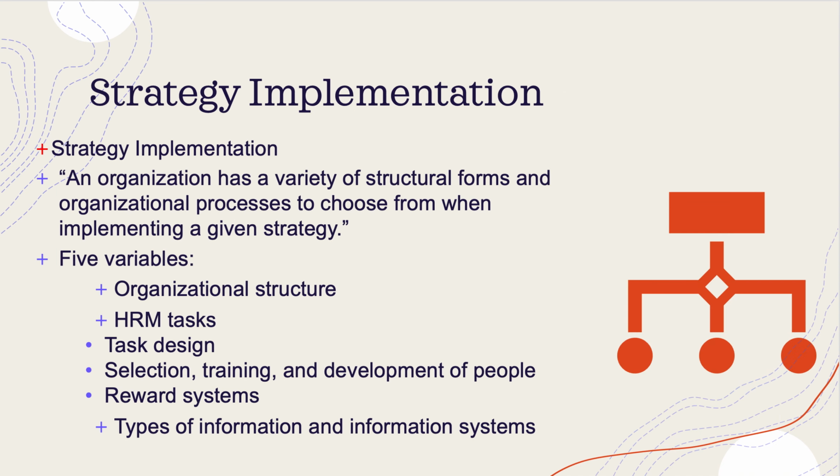When we're looking at strategy implementation, after an organization has chosen that strategy, it has to then execute it. And it has to make it come to life in the day-to-day workings. And there's 5 important variables to determine the success in strategy implementation. Organizational structure and task design, the selection, training, and development of people, reward systems, and the types of information and information systems.